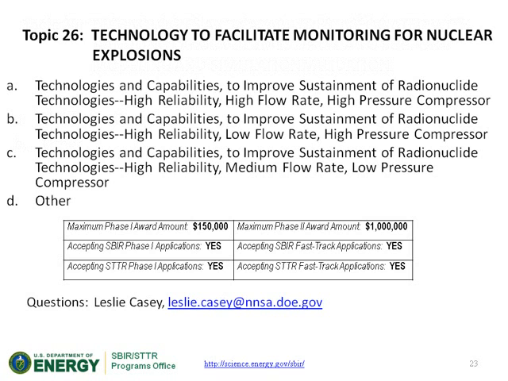Topic 26 is technology to facilitate monitoring nuclear explosions, in particular a highly reliable compressor. It's my understanding that no questions were received on this, so I will just briefly describe what we're looking for. Obviously, there are many compressors on the market. However, they do not have a long mean time between failure.